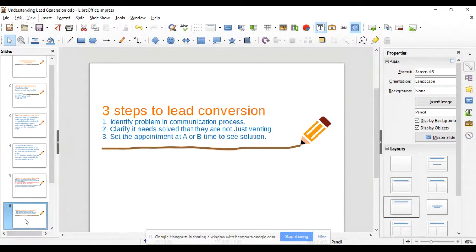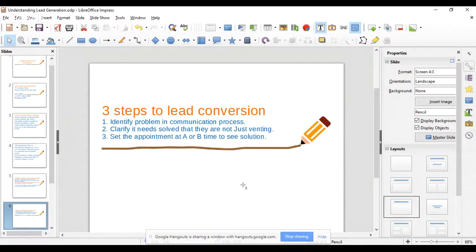There's really 3 basic steps to lead conversion, and it's very simple. And if you complicate it, you'll make the earning process complicated. It doesn't have to be. While you're communicating with the people, whether they've come from paid advertisement or organic advertisement, you got to recognize, identify the problem in the communication process.